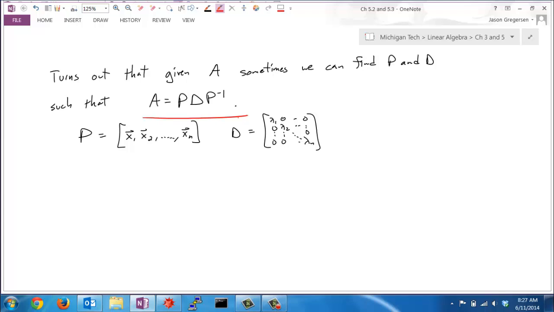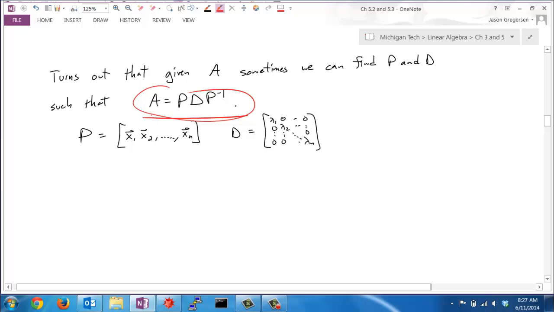I look at the diagonal matrix and ask, what are the eigenvalues? Because it's a similarity transform, the eigenvalues of A and D have to be the same, but D is diagonal, so the eigenvalues have to be those diagonal entries.